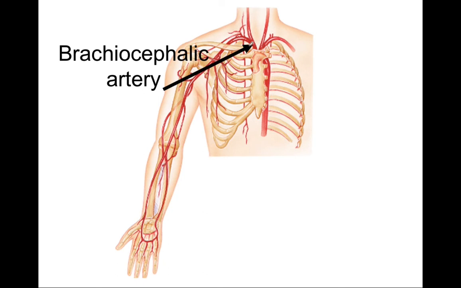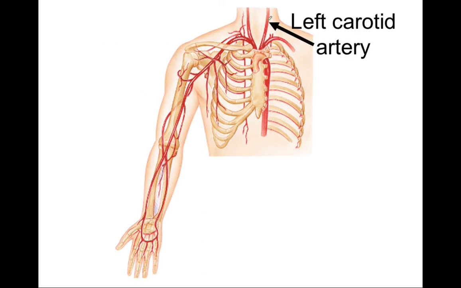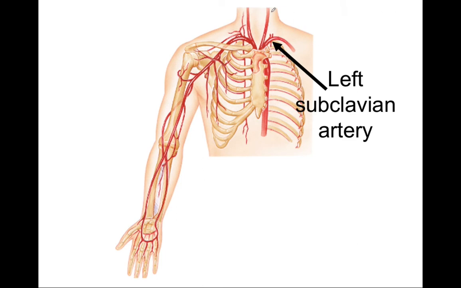Now the brachiocephalic artery is the first branch off the arch of the aorta, but we'll also have the left common carotid artery that will course up the neck, and we'll have the left subclavian artery that will course under the left clavicle and eventually give rise to the axillary artery and the brachial artery of the left side of the body as well. Due to the brachiocephalic artery being present here, we can't say that we have perfect bilateral symmetry, but we almost do.